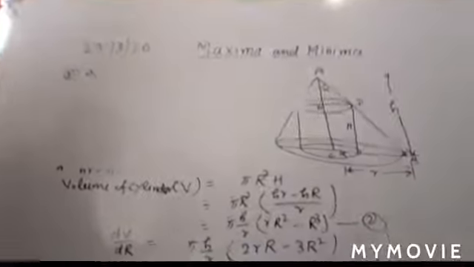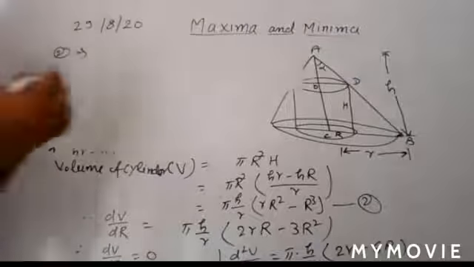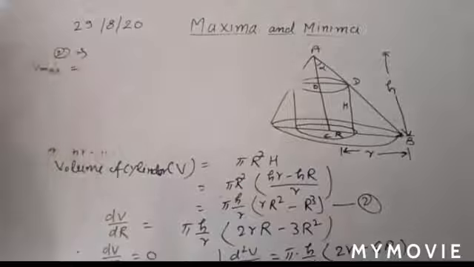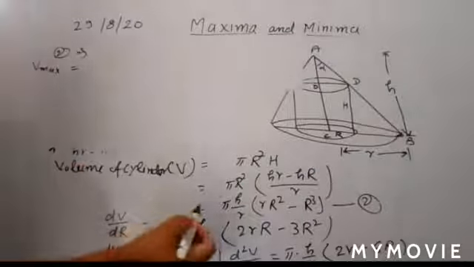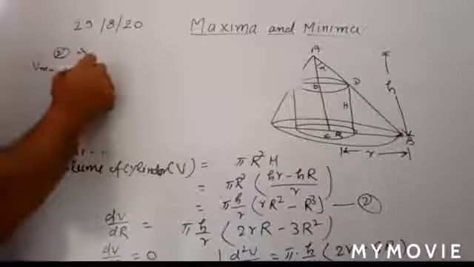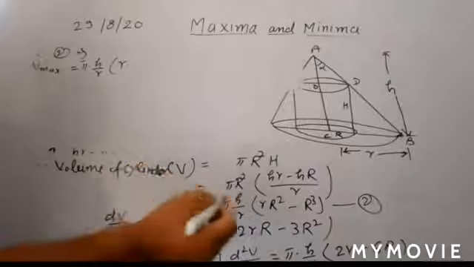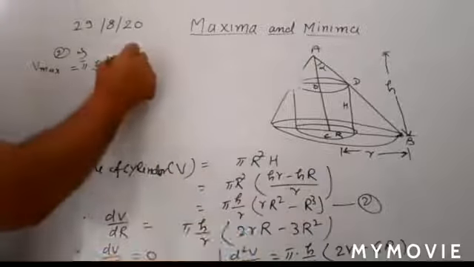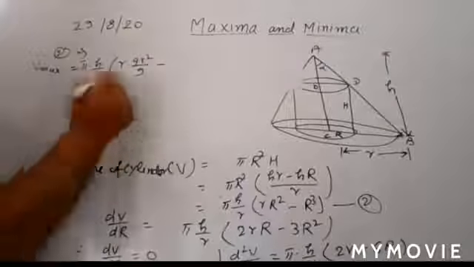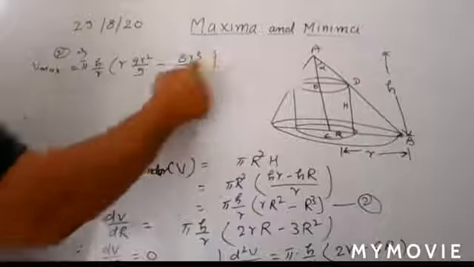Now you put the value of capital R in the second equation. So you have V max, the maximum volume of the cylinder, equal to pi h by r into small r into capital R square, so you have 4r square upon 9 minus 8r cube upon 27.